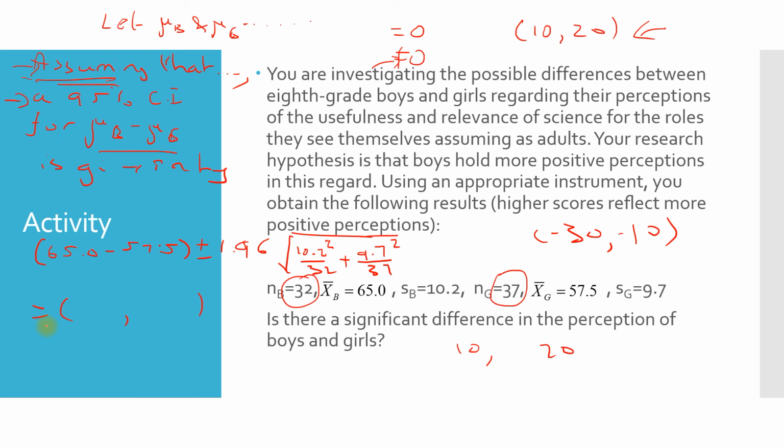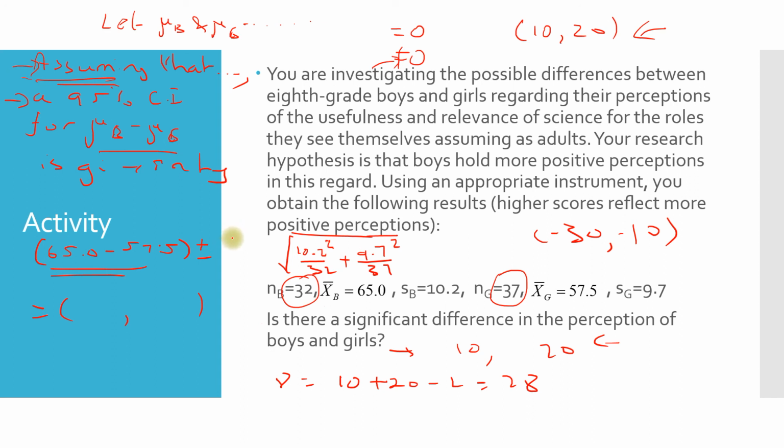When you reach here, this will stay the same, but this obviously will change to a critical value based on the t distribution, where the degree of freedom, if it was 10 and 20, would be 10 plus 20 subtract 2. So that would be your degree of freedom, if you are going to use the t distribution.